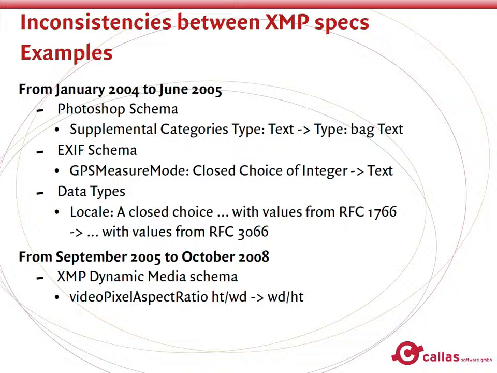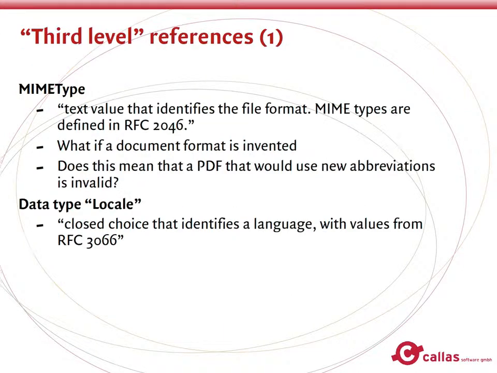And then another example where they just changed the ratio from height to width, to width to height. And that of course changed the complete meaning. Is it clear? These are really not just some funny things. We really had to think about what we can do in such situations in a PDF/A file, for instance.